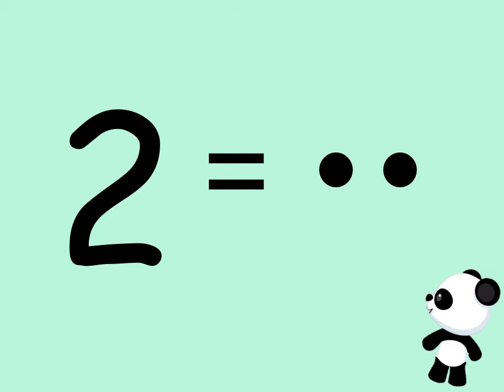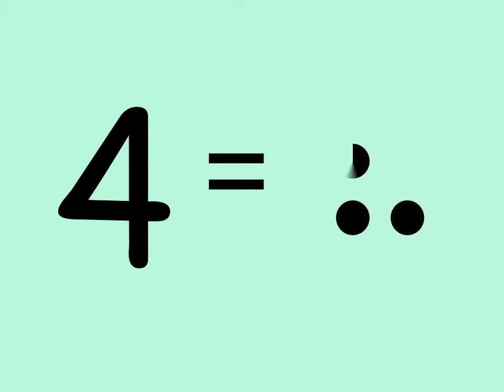I want you to remember how we did that. The 2 dots equals the number 2. Or the number 4 equals how many dots? 4 dots. 1, 2, 3, 4. It's the same thing. That's the value of that number.